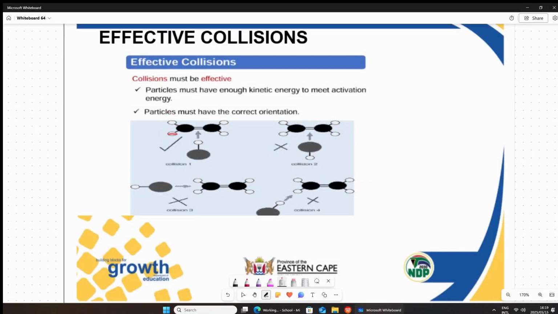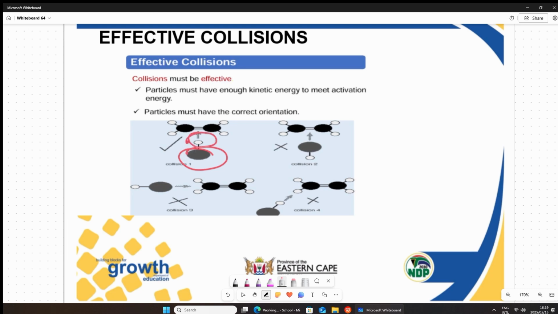In order for effective collisions to take place, if you look here, we have a carbon, which is the black substance representing the carbon. The small white circles represent the hydrogen atoms. They are now bonded to this molecule. Now, when we say correct orientation, this gray represents a chlorine atom.